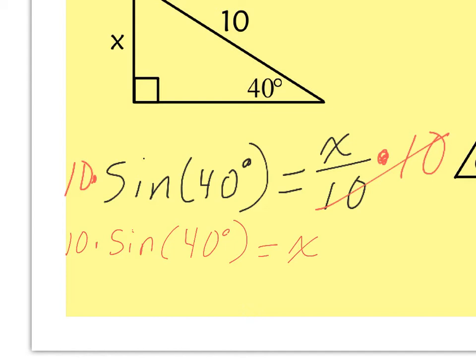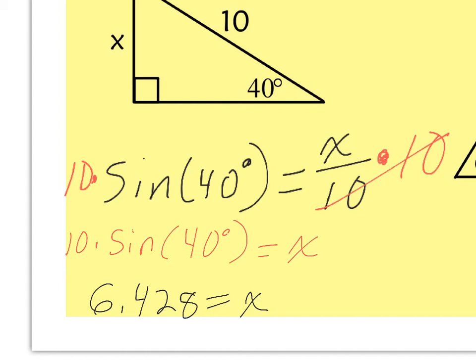Most of the time, these do not come out to be pretty numbers, but every once in a while they do. So you do 10 times sine of 40. This is one of those instances where it does not come out as a pretty number. So in this case, we're going to go to the third decimal place and round. 6.42, and it's a 7, but I look at the next digit, which is an 8, which means I move it up.